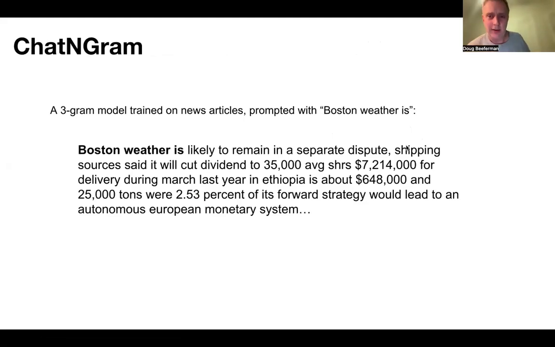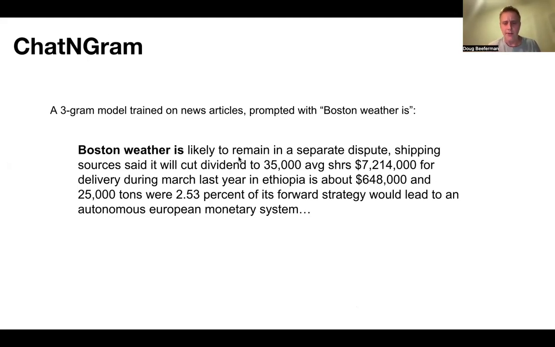So I actually used to implement n-gram models back in the 90s, and I dusted off some code for building trigram models, and trained a trigram model on news articles, on about 60 million words of Wall Street Journal articles. And I prompted it, meaning I asked it for completions for "Boston weather is." And so here's what you get if you do that. Boston weather is likely to remain in a separate dispute.